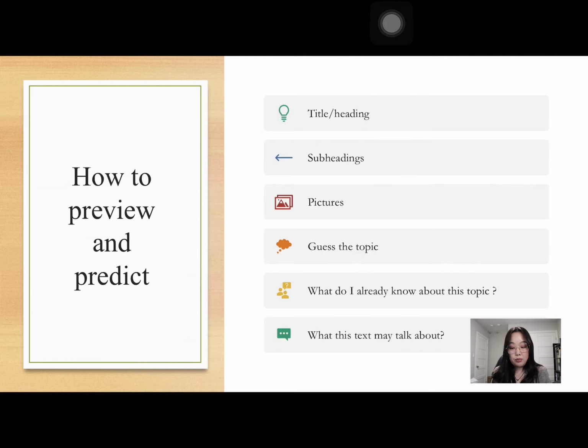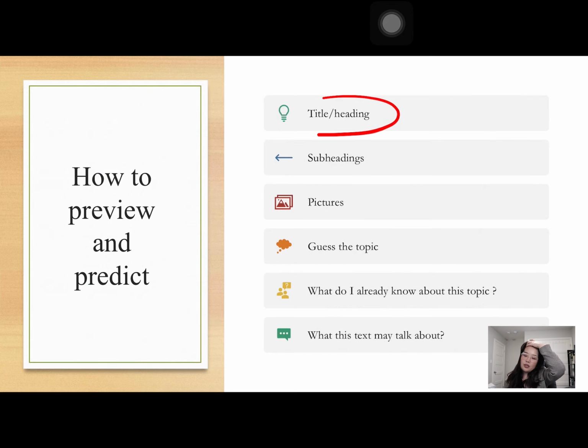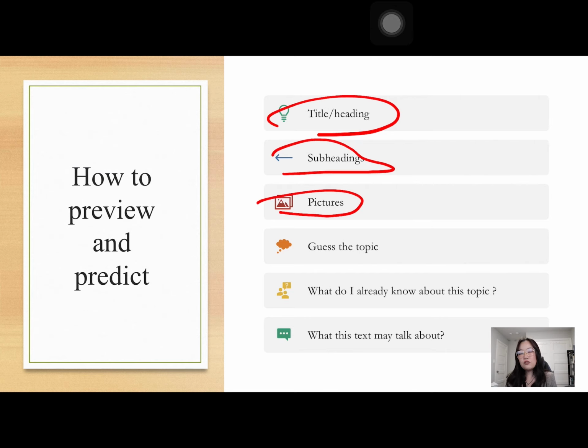How to preview and predict. When we look at the text for the first time, we should start with the title, subtitle, and some illustrations such as picture. Start reading those things first, and using the information from the title to guess what the topic of the text is. And we are really trying to ask ourselves 2 questions in this previewing phase.